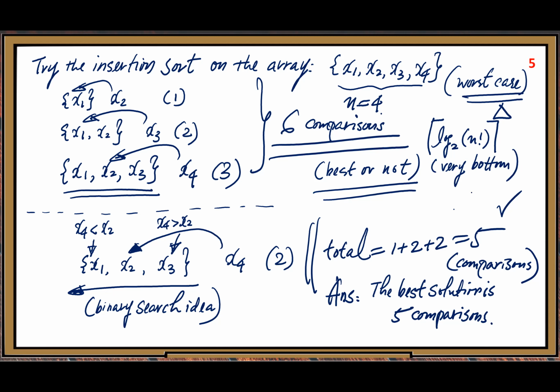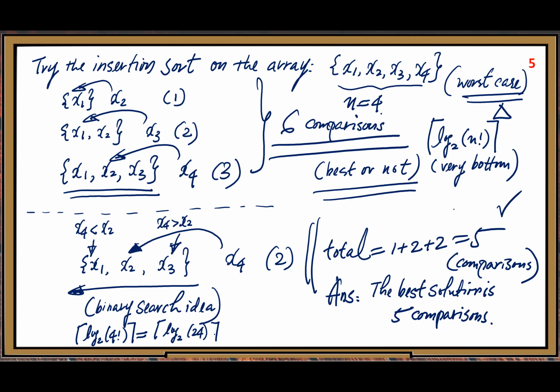Let's look at when n equals 4: we need to calculate the ceiling of log base 2 of 4 factorial. What's that number? 4 factorial is 4 times 3 times 2 times 1, which is 24.